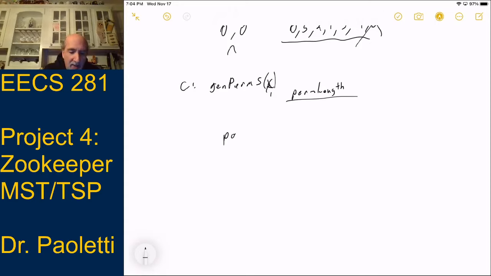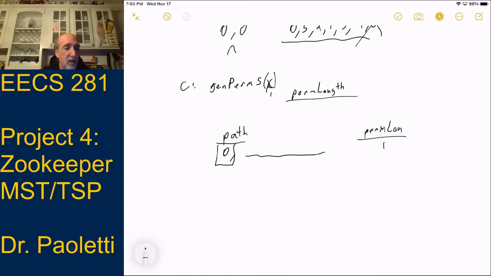So the path has to have in it 0 and then everything else. And the very first call, perm length has to be 1. And what perm length is telling you is how many vertices in the path are fixed or permanent, and how many of them are still allowed to be changed and reordered. So when we say perm length is 1, that means 0 is fixed, don't move it.